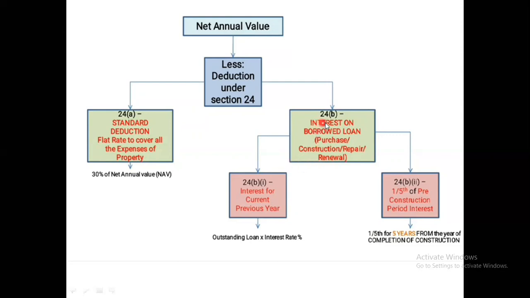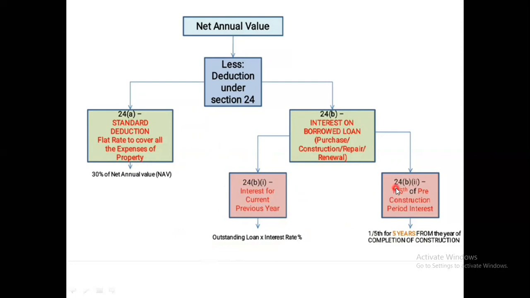Now, under Section 24B, there are two clauses: Section 24B Clause 1 and Section 24B Clause 2. Section 24B Clause 1 allows you to claim the interest for the current previous year, which is basically the outstanding loan multiplied by the interest rate.